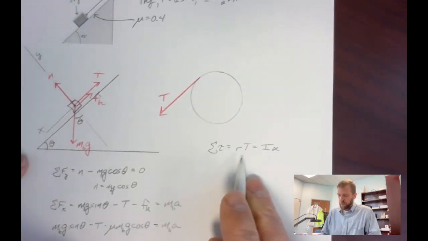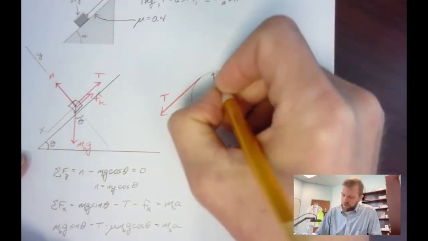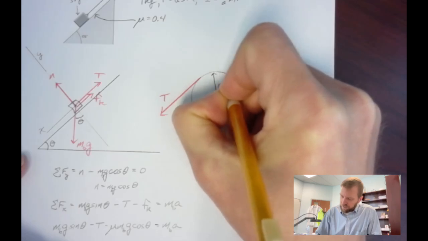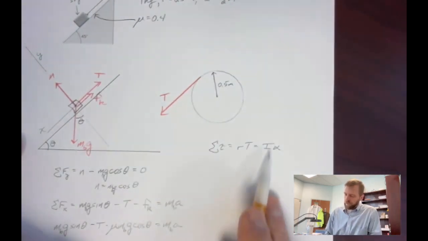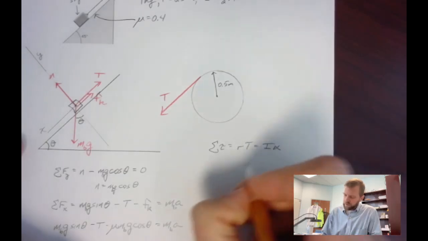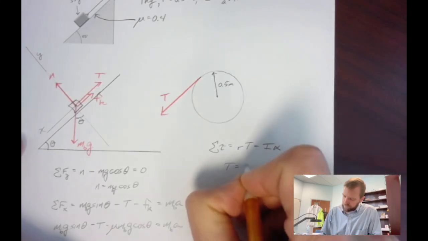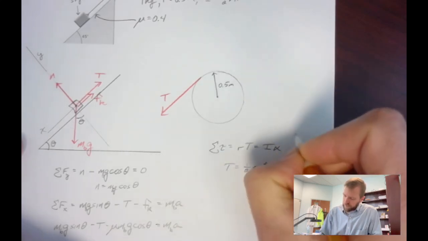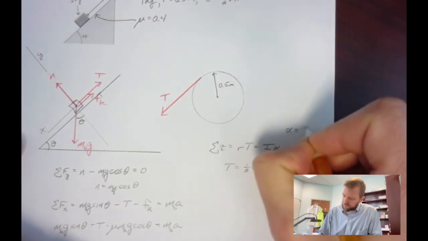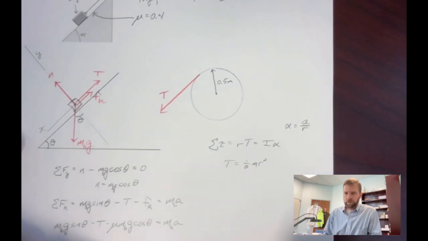All right, so R is the radial coordinate on this, which is 0.5 meters. And then I is 1/2 mr squared. All right, so we can solve for tension here. And we know that alpha equals a over R, where a is the tangential acceleration.